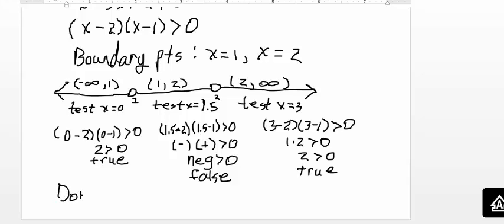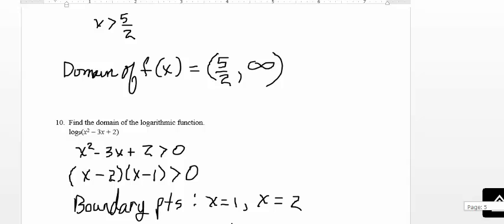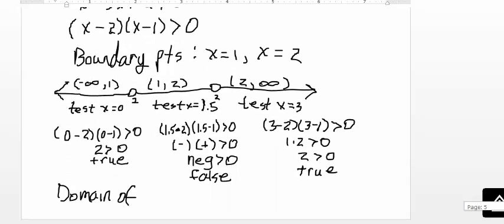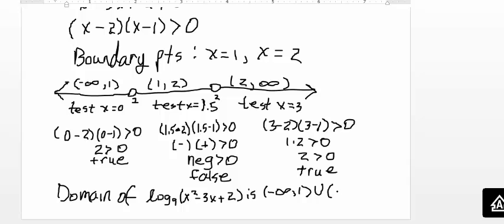So the domain of our function, so this was the base 9 log of x squared minus 3x plus 2, is the interval negative infinity to 1, united with the interval 2 to infinity.